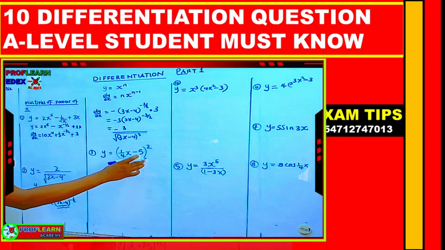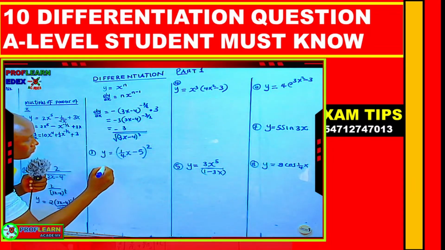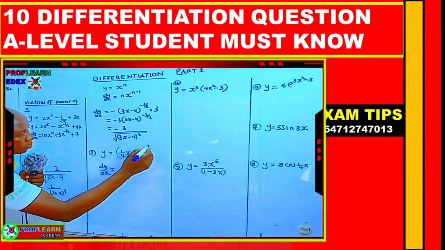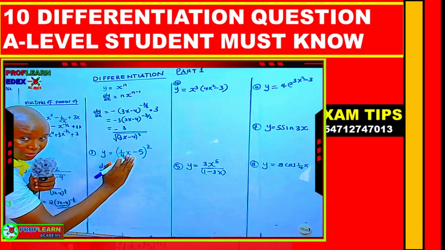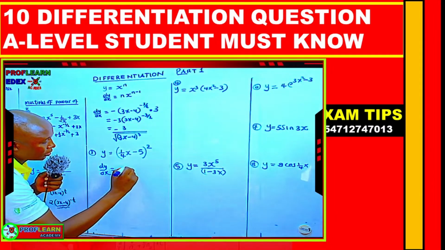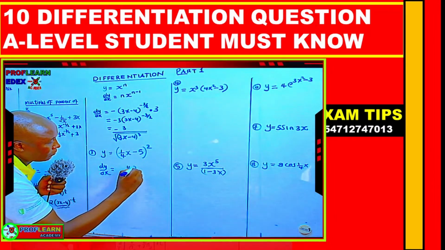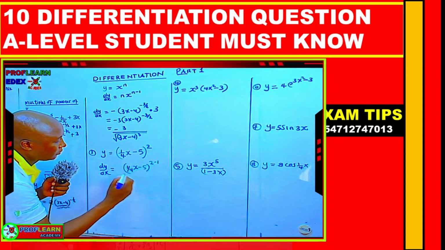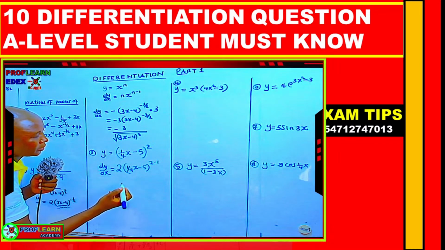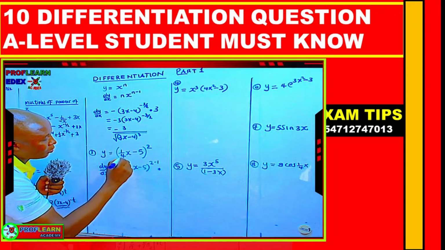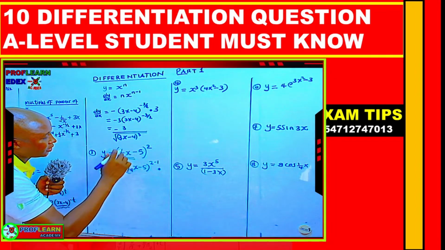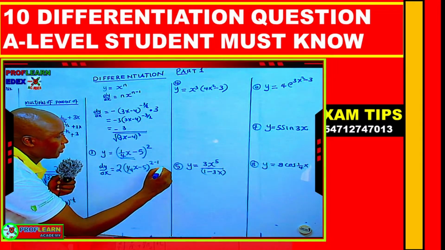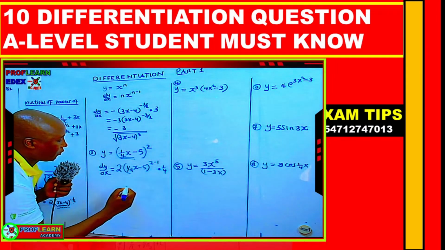On this one also, it is just the same approach we applied here. We're going to say dy/dx is going to be equal to, we assume anything that is inside the bracket, and this is going to be 1/4 x minus 5 raised to power 2 minus 1, and then I drop my 2 here, and then I'll multiply by whatever I get if I differentiate the function that is inside the bracket, and that is going to be 1/4.